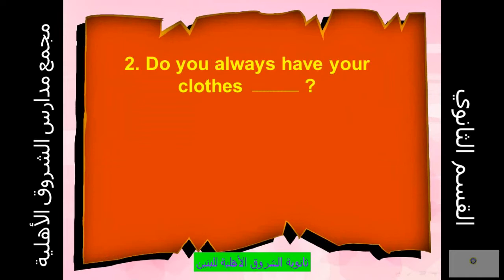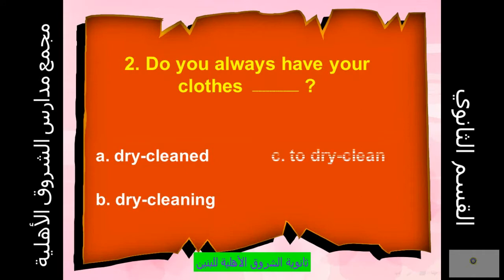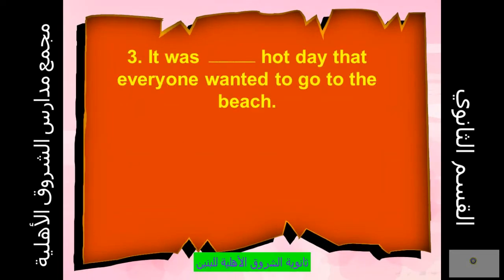Now let's go to question number 2. Do you always have your clothes dry cleaned, dry cleaning, to dry clean, or drying cleaned? The right answer here is dry cleaned. Question number 3.